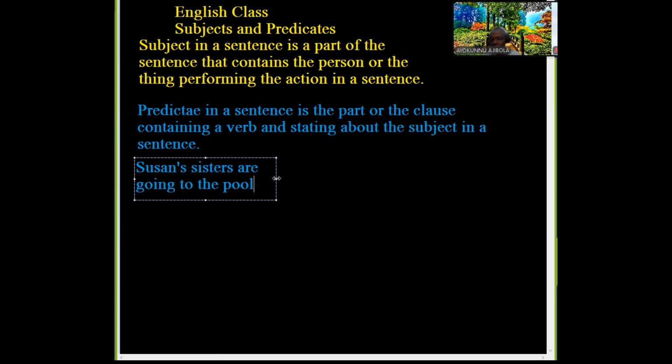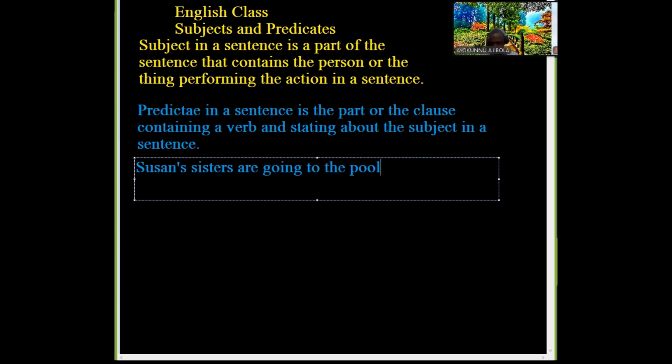So in this sentence, the sentence is actually about Suzanne's sisters, not about Suzanne, okay? Because if it's Suzanne that is going to the pool, then Suzanne will be the subject, while going to the pool will be the predicate.